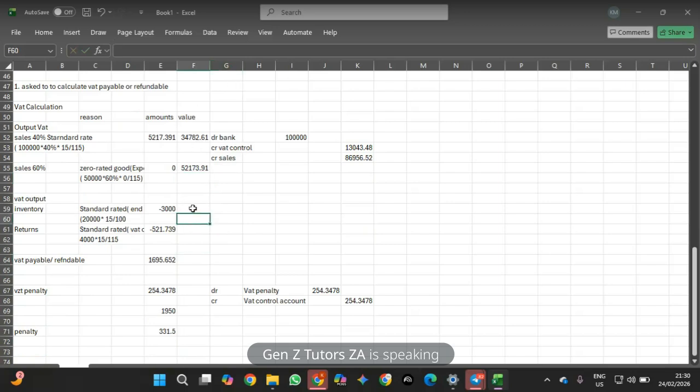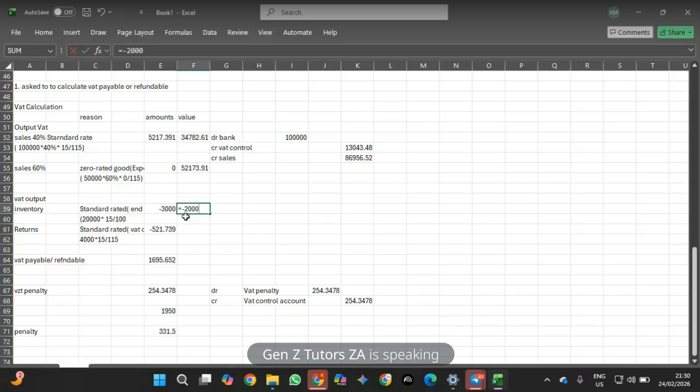Then if you go down here, again, inventory, but on the negative side, then you've got your inventory over here, the taxable supplies, right? Then you've got inventory returns over here and stuff like that. Okay, that's fine. Here you're going to put in the 20,000.